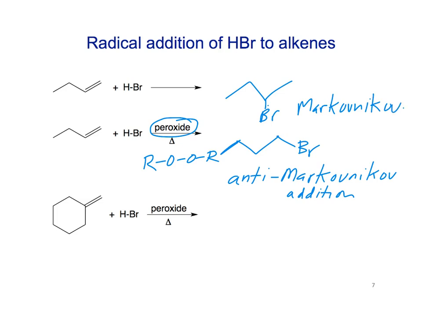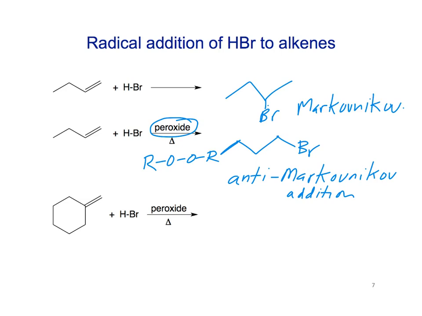Okay, so now we have an unsymmetrically substituted alkene. We have the possibility of putting the bromine on either position. Okay, that's pretty exciting, right? We have a lot of flexibility there now. So we've made a change in the regioselectivity of the reaction.